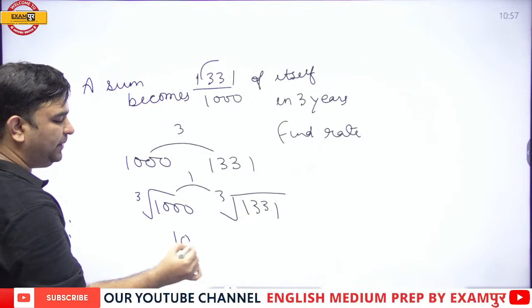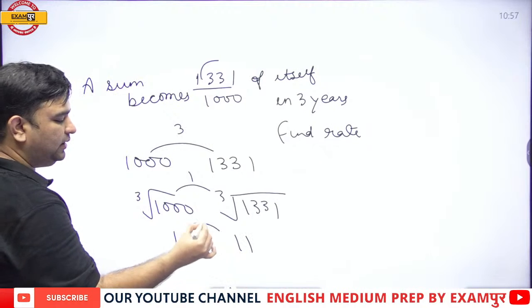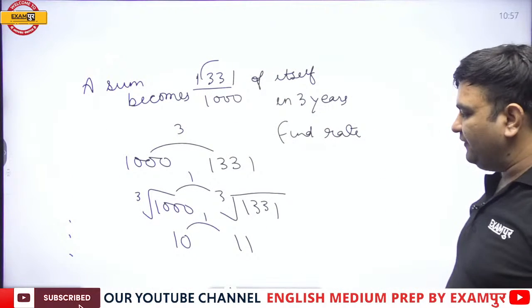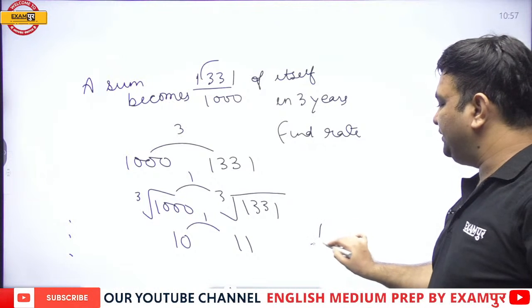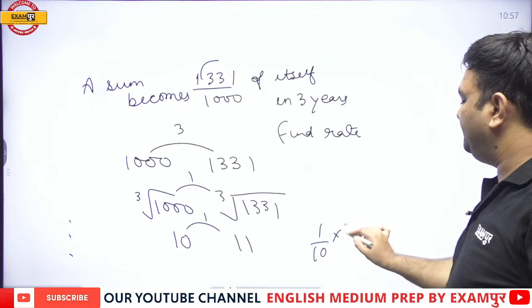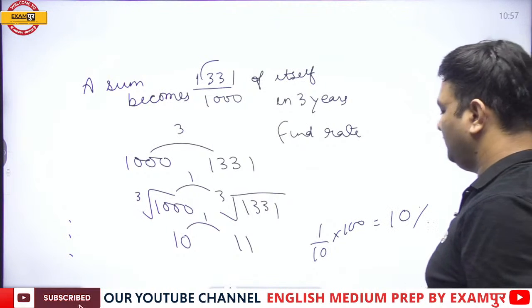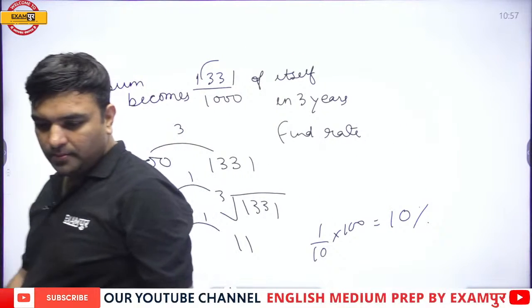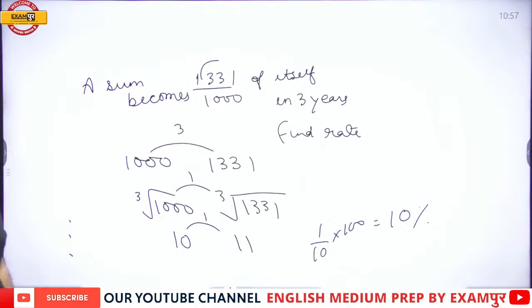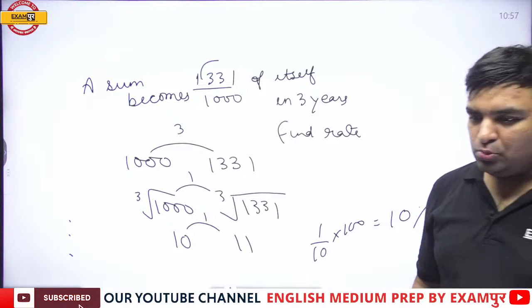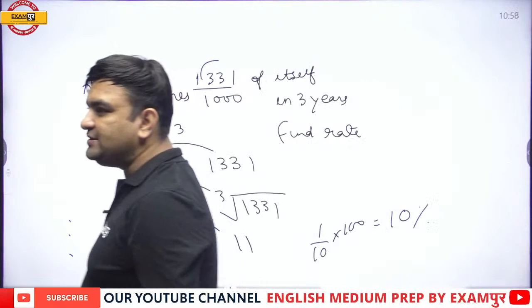That is 10 will become 11 in 1 year. What is the rate? Interest of 1 over 10 into 100, 10%. Only the knowledge of cube roots is sufficient.